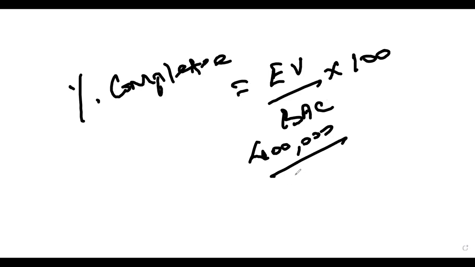What was our budget at completion? 1.6 million. So what is your percent complete? How much percent of work is completed? Just calculate and give me the answer. 25%. So you are able to complete only 25%.